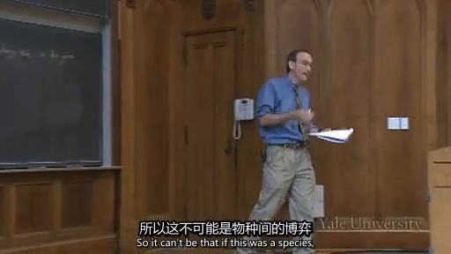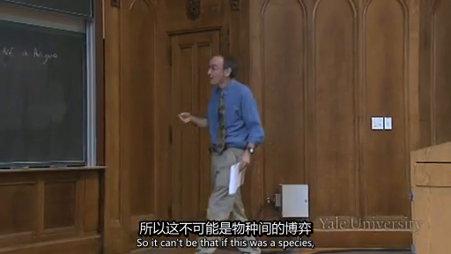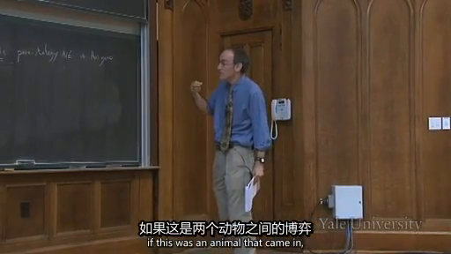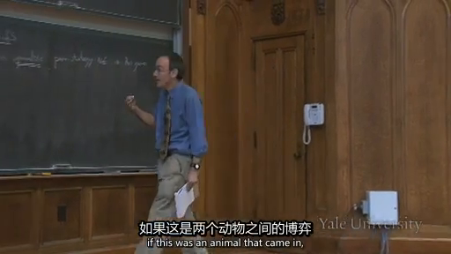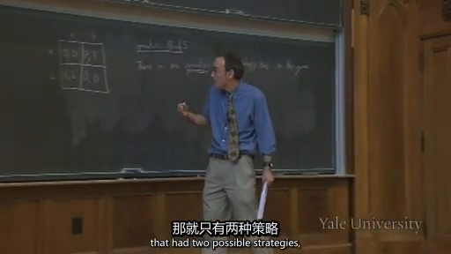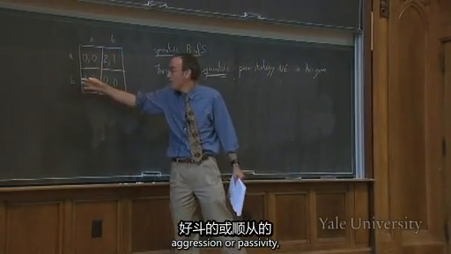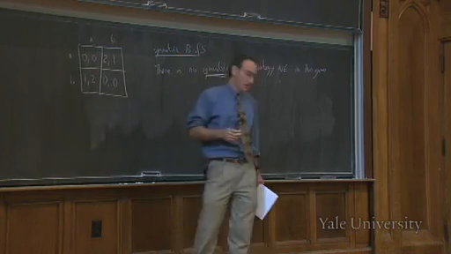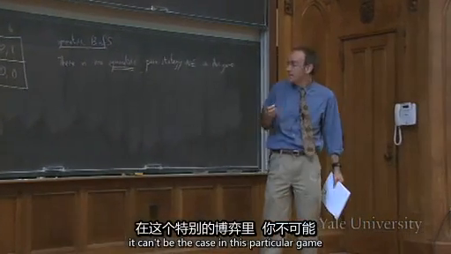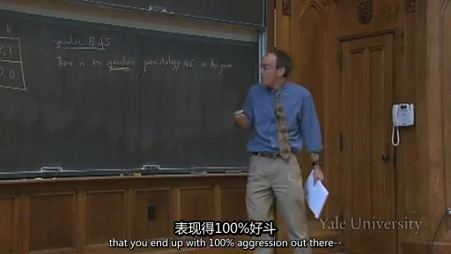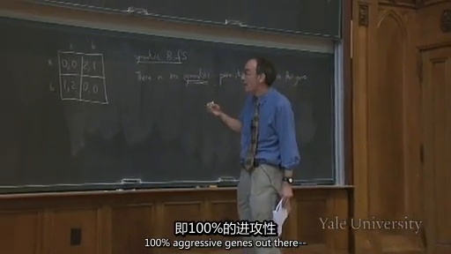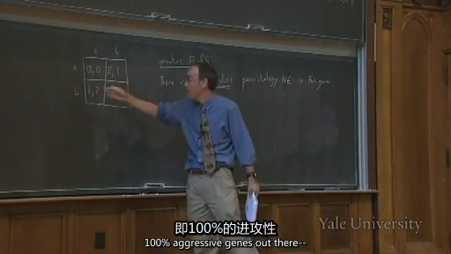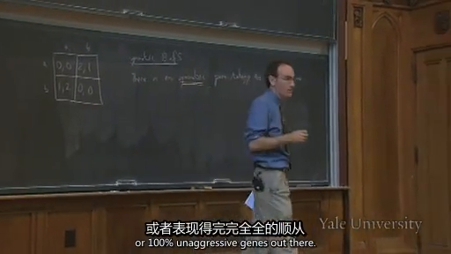So it can't be that if this was a species, if this was an animal that had two possible strategies, aggression or passivity, all right, can't be the case in this particular game that you end up with 100% aggression out there, 100% aggressive genes out there, or 100% unaggressive genes out there.